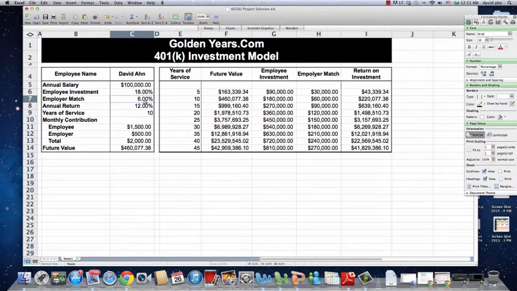There's a cap for how much you can contribute to the 401k plan each year. So you can actually ask that person, or ask yourself, how much percentage of annual salary you'd like to put into the 401k savings. Let's say I'd like to put 12%.